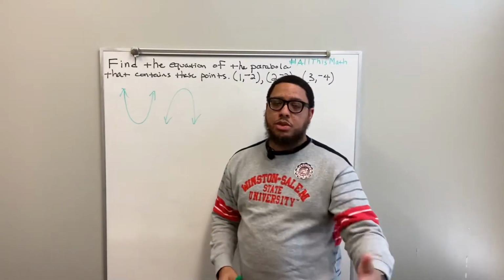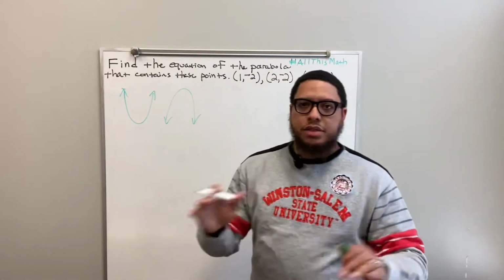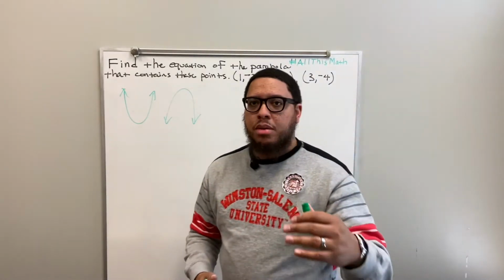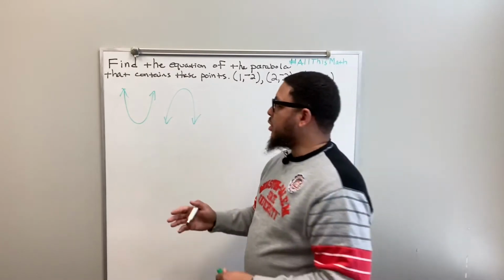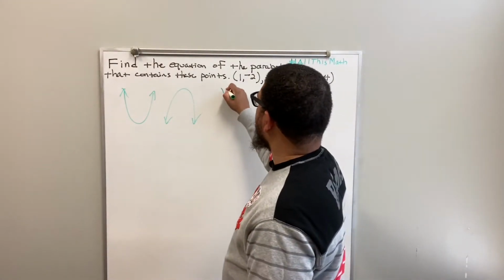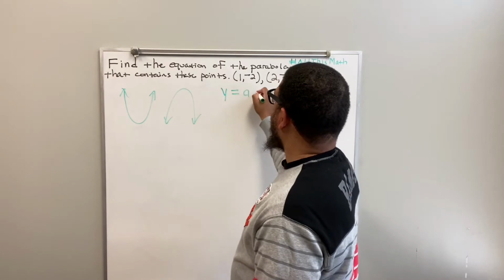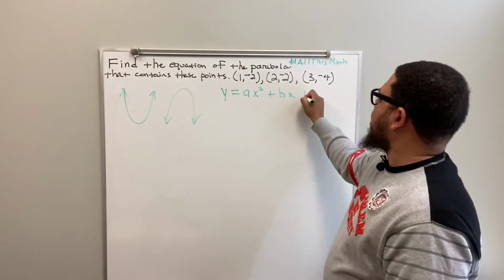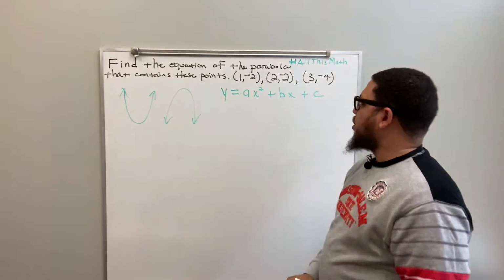Now, here's another thing I want you to think about. There are a lot of different types of graphs, a lot of different types of equations in algebra, but the way that we know that the graph is going to look like a parabola is if it's in this form. Let me write this. Y equals ax squared plus bx plus c. All right.